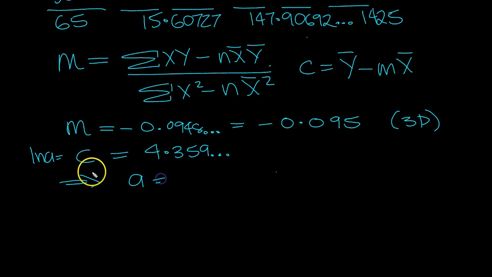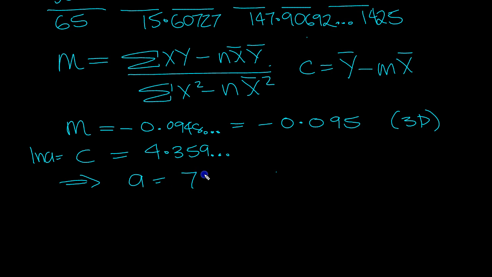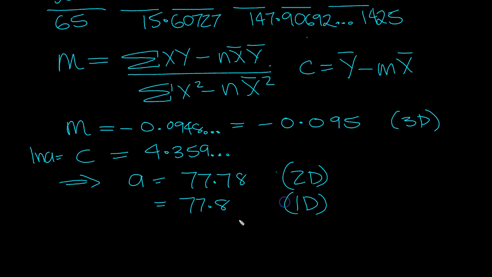Log a. So that tells us that 4.359 is log a. So a will equal, unwrap the log: shift e to the power of that value. 77.78, to 2 decimal places, or you could do 77.8 to 1 decimal place as a reasonable approximation.